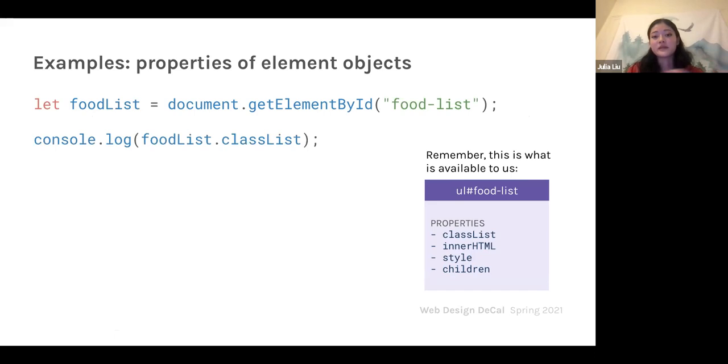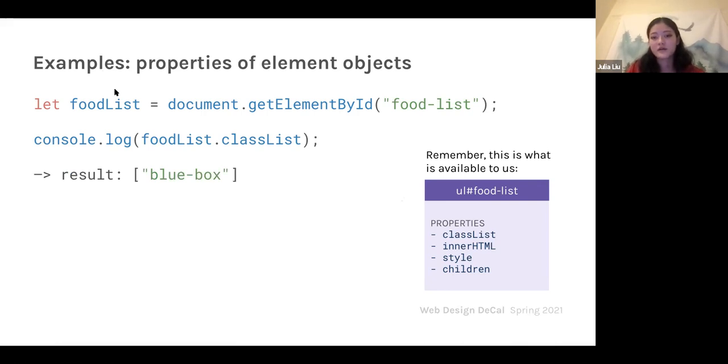Since the document.getElementById function returns an object in HTML, you can use dot notation to get the properties and the functions for that object. For example, if we want to get the property classList, we use dot notation on food-list to get that classList, and then we can print it to the console. In this case, classList is basically just an array or a list of classes.